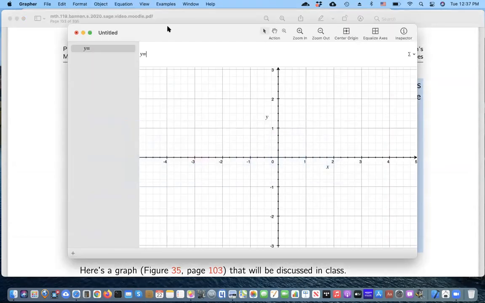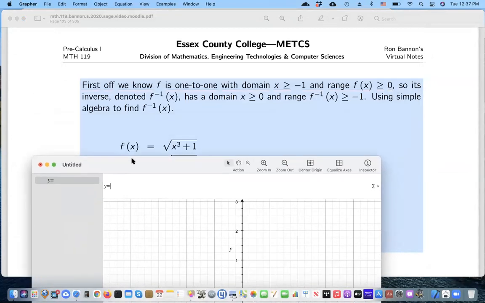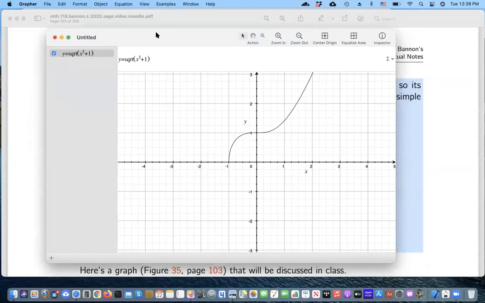So what I want to do is I'm going to just type that one in. And it's going to be y equals the square root of x cubed plus 1. Now, I want to be honest with you. If I want to do its inverse, I can do it quite simply.